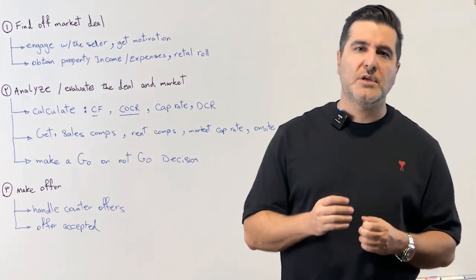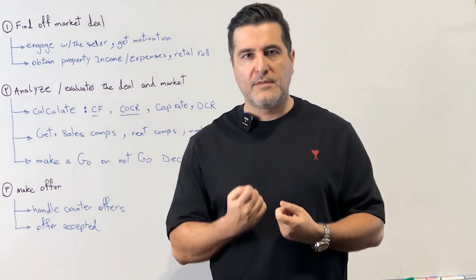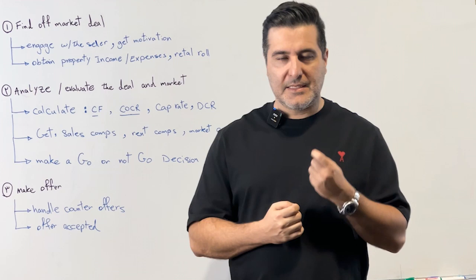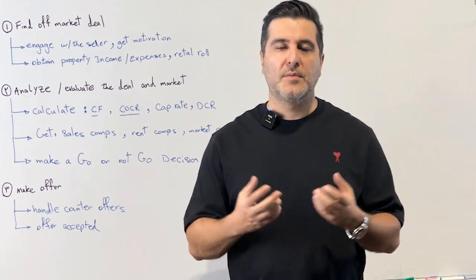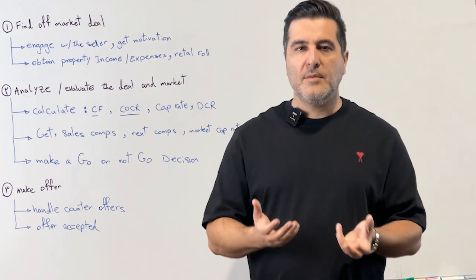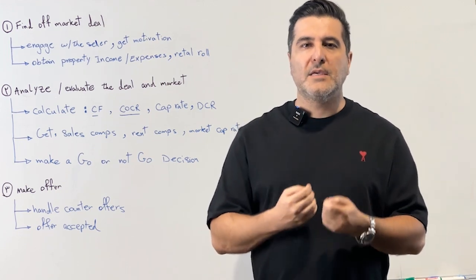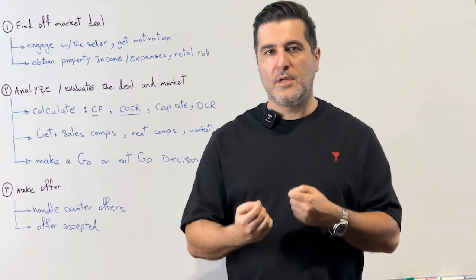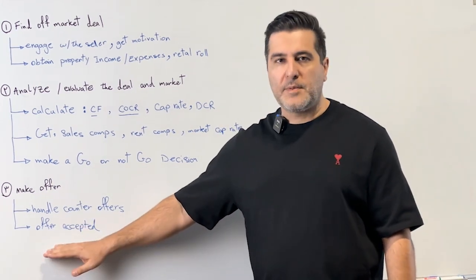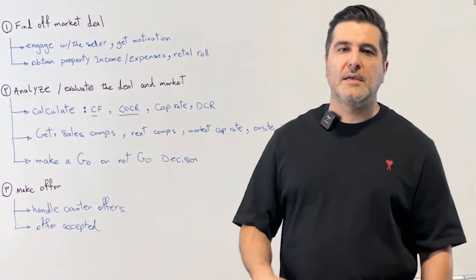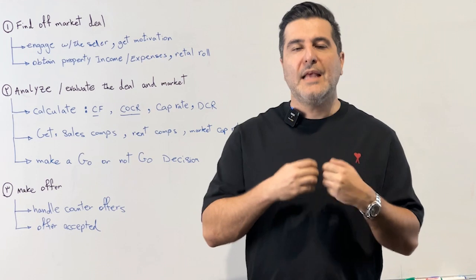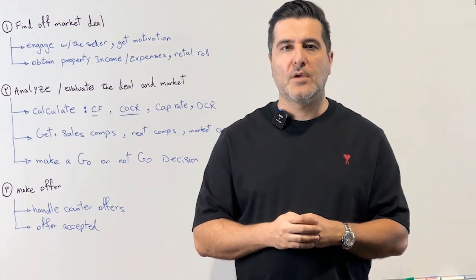In a counter offer situation, a lot of times you can get a lot of discount from the seller, and that would be the point where you can negotiate with the seller, and at some point you can persuade the seller to give you seller financing or VTB, which plays a very important role in making the property more profitable compared to other properties. And once your offer gets accepted, that is the point where you have to go and do your next step, which we are going to talk about in the next slide.